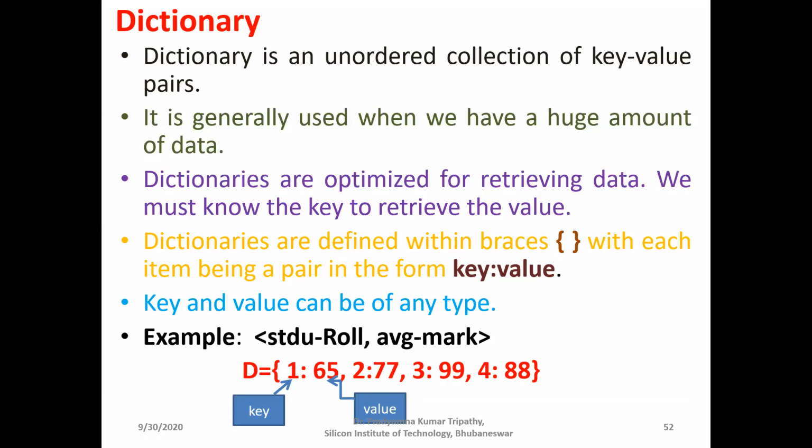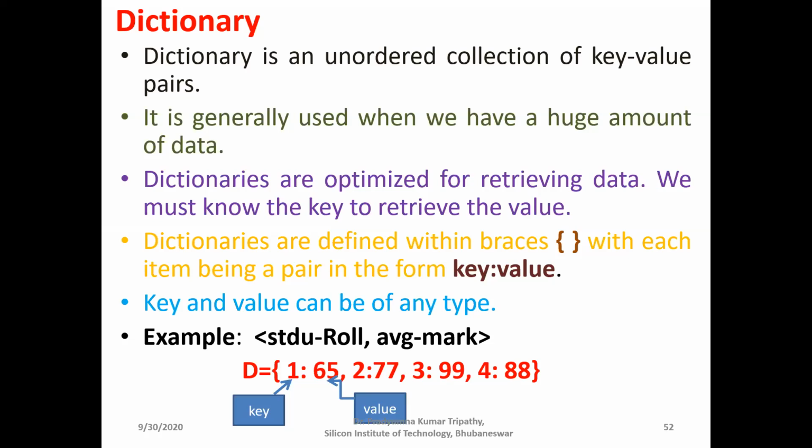What do you have? Two things, key and value. So in a dictionary, if one element is there, that one element has a key and a value. If five elements are there, all five elements must have a key and a value. So it comes in a pair.